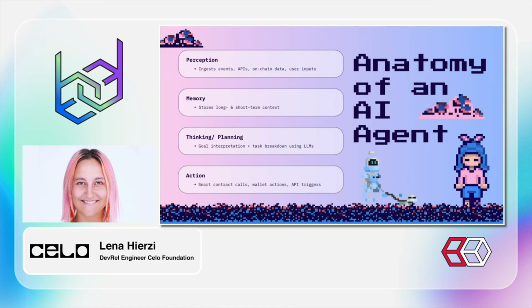This layer focuses on taking in data through API calls, getting on-chain data, and user inputs. So we start off by perceiving what we need. We need information and process information to then move on to our memory layer. This is where we store all of that information in vector DBs, and we differentiate between our long and short-term memory.